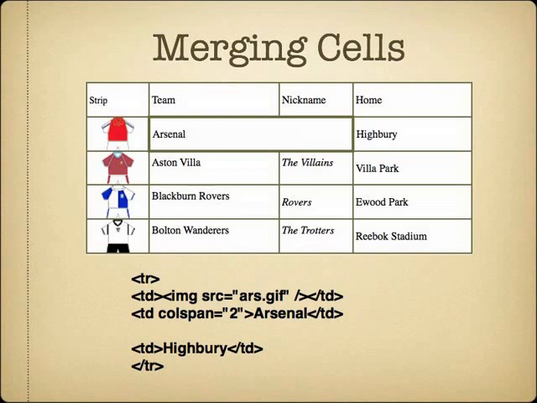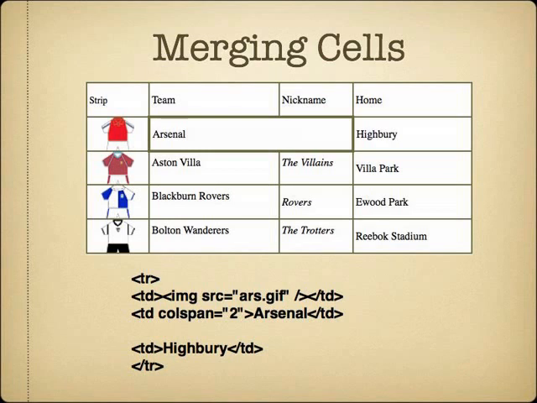So you can see for this row here, we begin with TR just as we would any other row, and we have TD and the image tag /TD for the first data cell. However, inside the TD tag for the second cell, we have colspan equals 2. And what this means is that this data cell will span across 2 columns instead of 1.